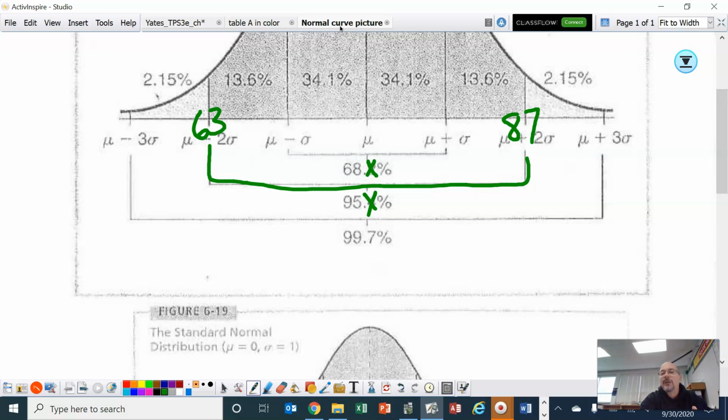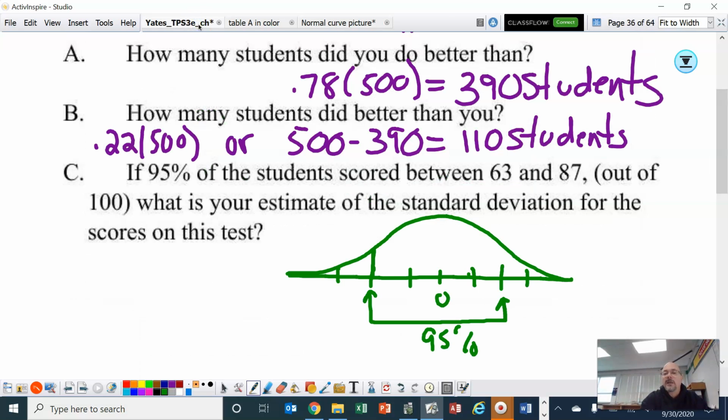Now that's the standard normal. It's already been standardized. So this is 63 to 87. Now it says estimate the standard deviation for the scores on this test.